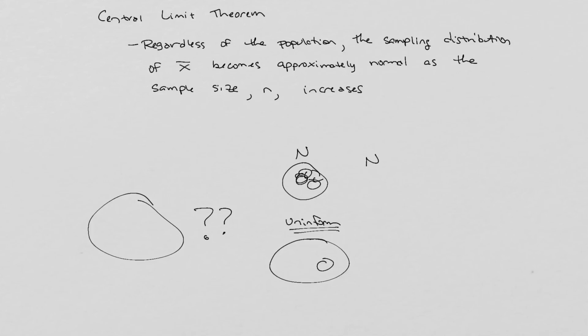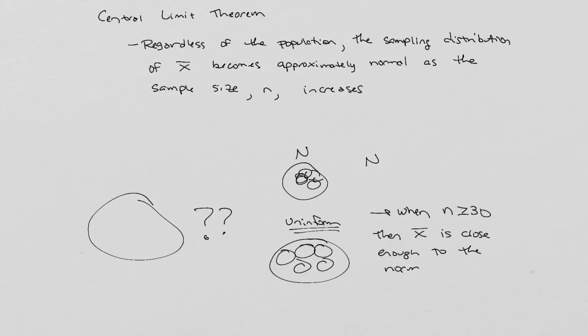But if I take a sample of size 10, or 20, or 30, the bigger the sample sizes I take, the closer it's going to be to the normal distribution. And the general rule of thumb is this: when n, the sample size, is bigger than or equal to 30, then the sampling distribution of x bar is always close enough to the normal distribution.